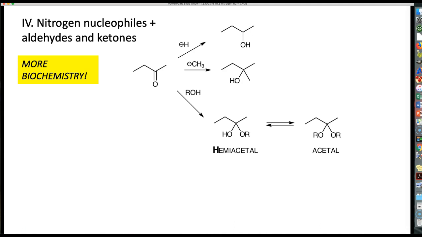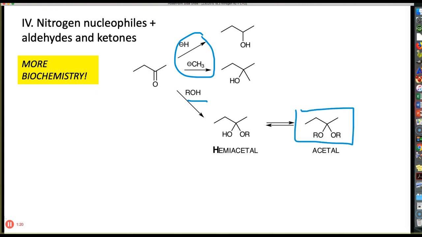Like I said, this is a quick review of those crazy hard nucleophiles we've already seen. Chapter 17 introduced us to hydride reducing agents and organometallics. We've covered the oxygen nucleophiles and learned that they add 2 times to give us our hemiacetals and acetals, our stable final product being the acetal.